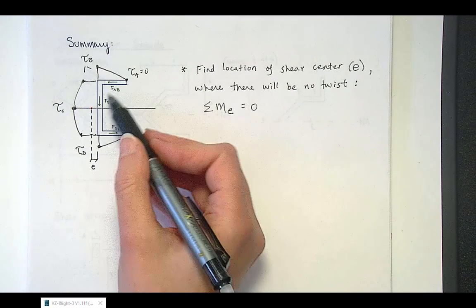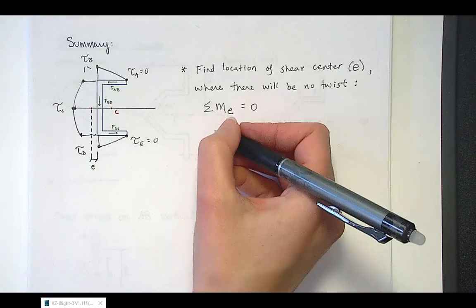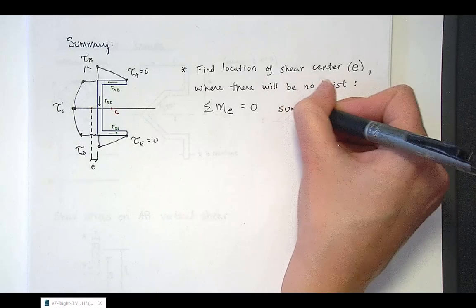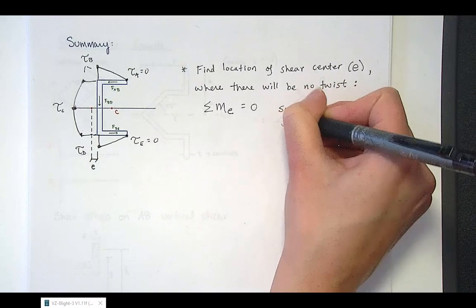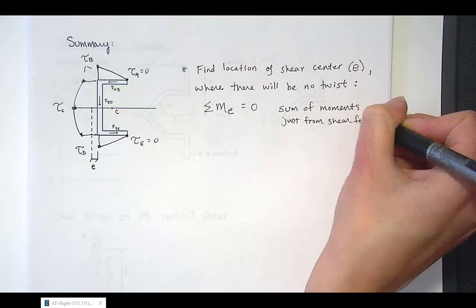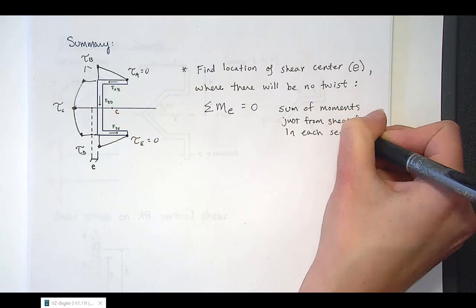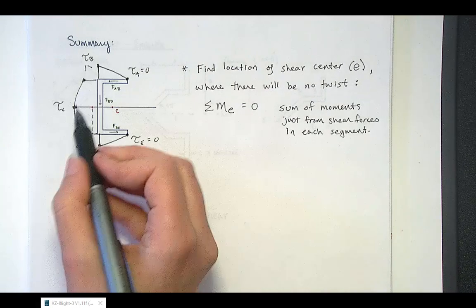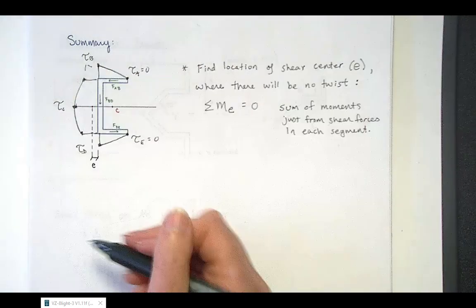So we have our forces already lined up here, and this is the sum of moments just from shear forces, each segment. And for vertical loading, it's safe to say that the shear center lies on the neutral axis, so we don't have to worry about the vertical position.